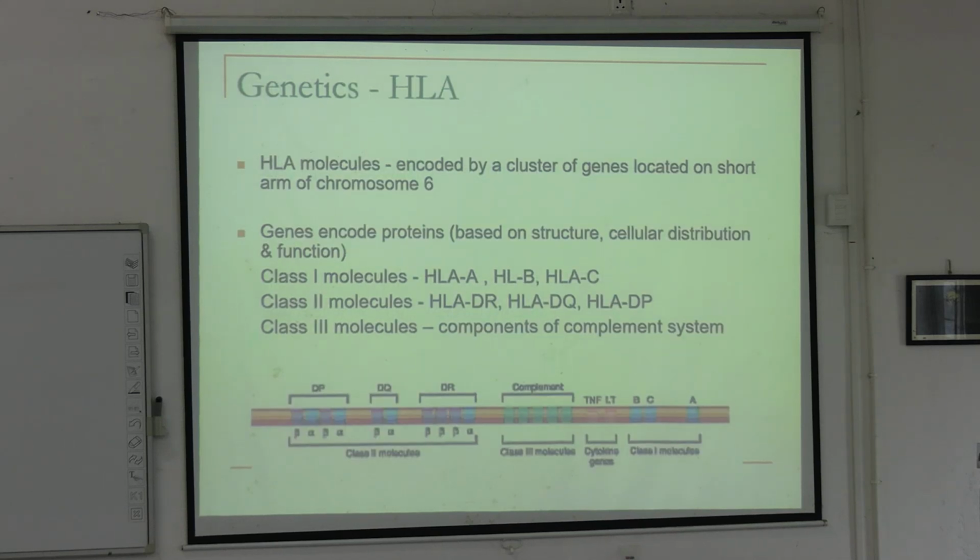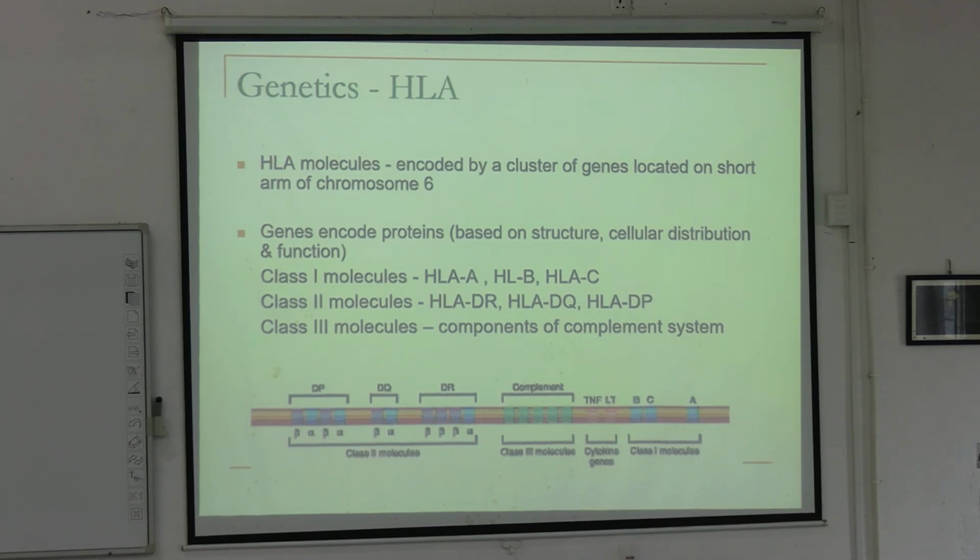So coming to the location, these HLA molecules are located in the short arm of chromosome number 6. Okay. So now these encode some genes, okay. These HLA molecules are classified into 3 types based on the structure, the cellular distribution and the function. So they are of 3 types, class 1, class 2 and class 3.